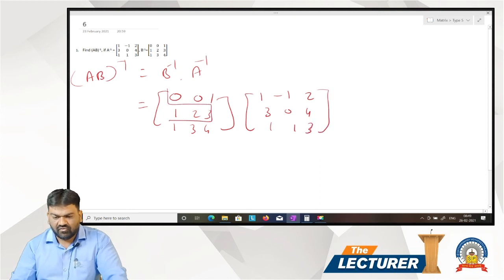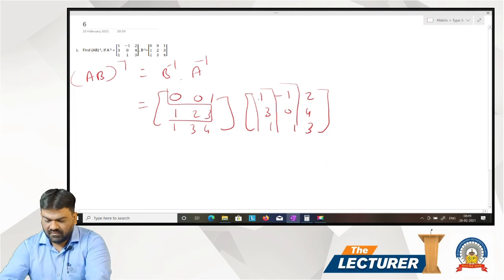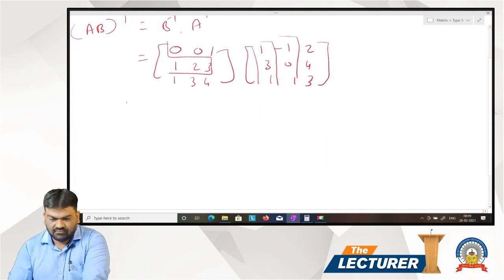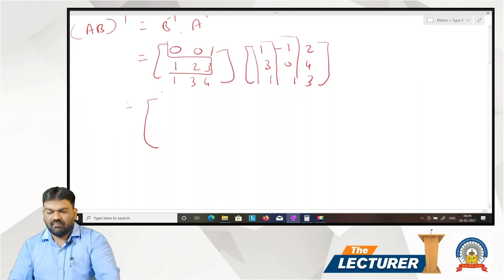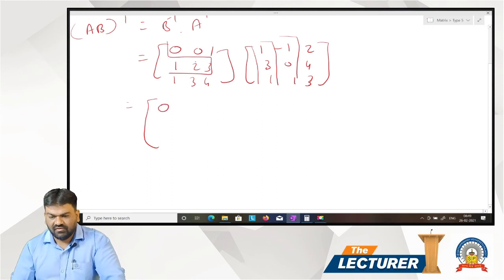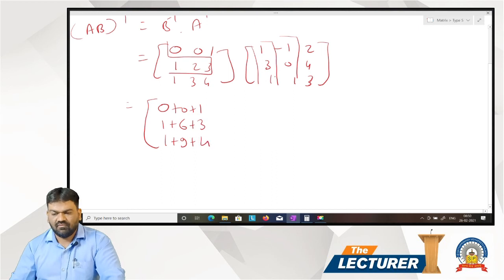First row, second column. 1 multiplied by 1 is 1, 0 multiplied by 1 is 0, 0 multiplied by 3 is 0, giving 1. Second row: 1 multiplied by 1 is 1, 3 multiplied by 2 is 6, 3 multiplied by 1 is 3. Third: 1 multiplied by 1 is 1, 3 multiplied by 3 is 9, 4 multiplied by 1 is 4.